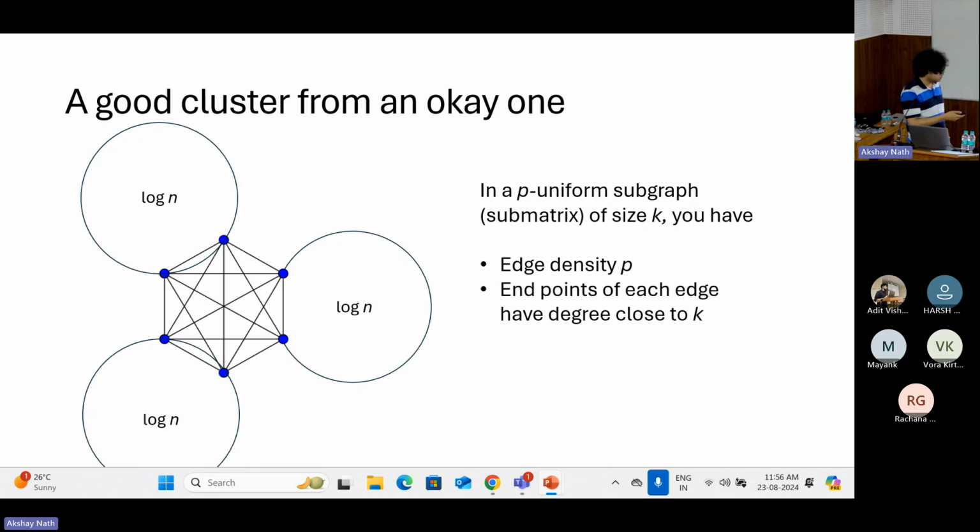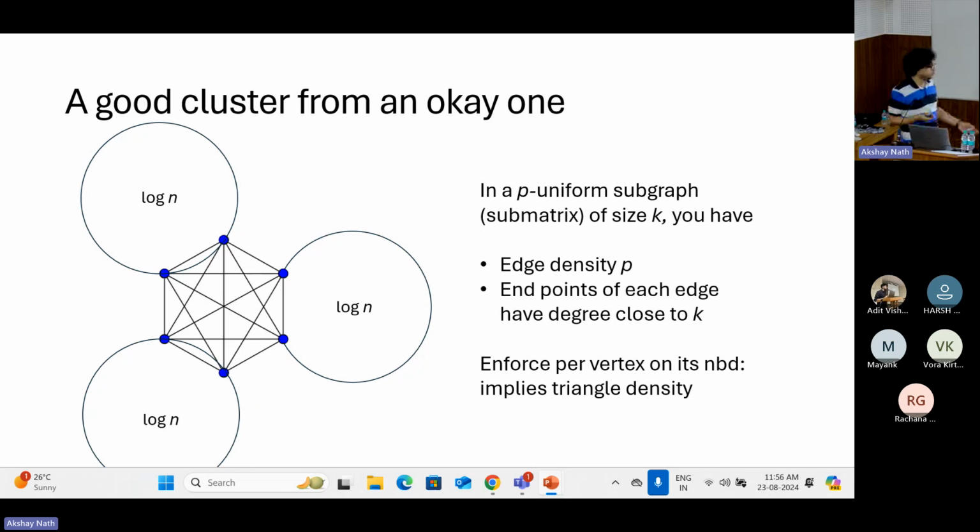So what this is telling you is that, yeah, if you enforce this for a vertex, you get triangle density. But this is not the right community. Yes, there is perfect density, but the density is formed by vertices which would benefit from being in a much larger community. Does that make sense? Given the figure, I hope people agree: yes, this is a clique, but this probably belongs to this community if that's dense in there, right?